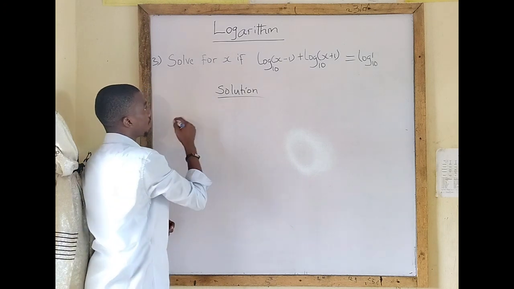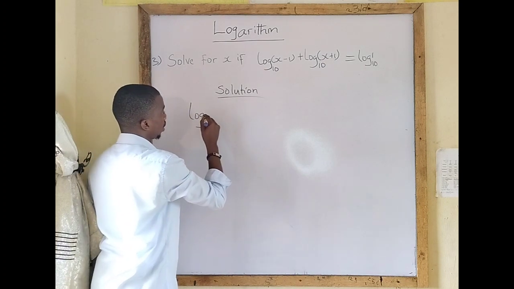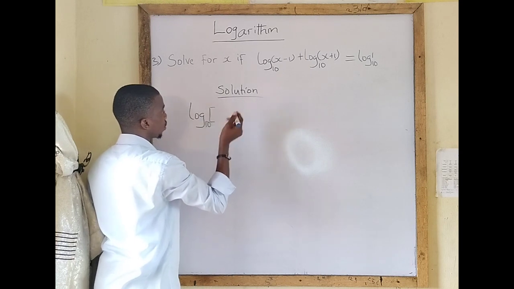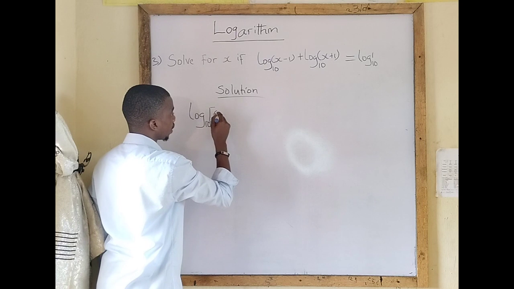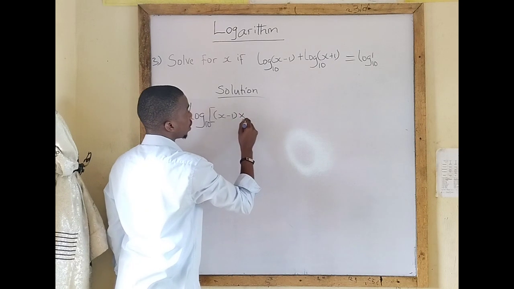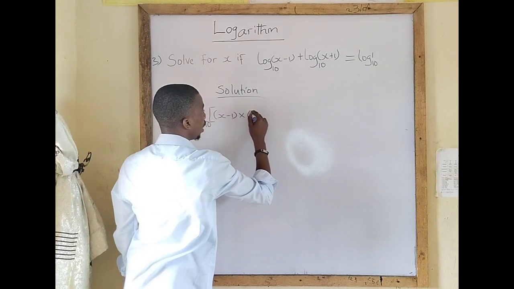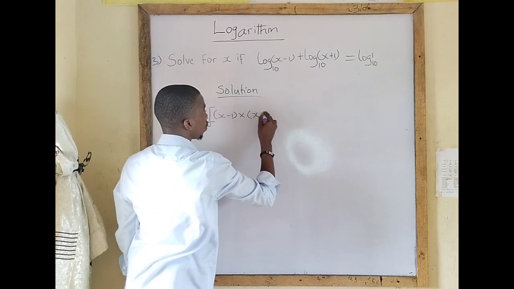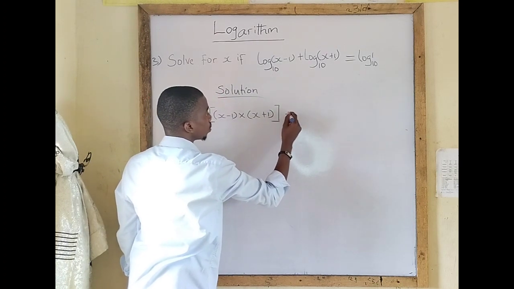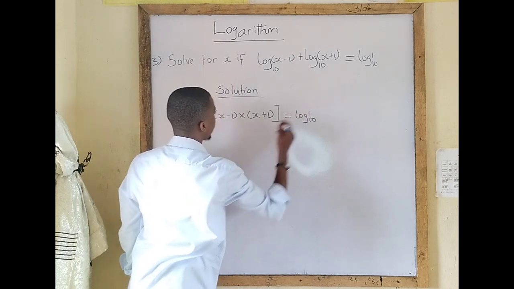So we have log 10, and we use parentheses to differentiate the first enclosure from the second one: (x - 1) times (x + 1) equal to log 1 base 10.